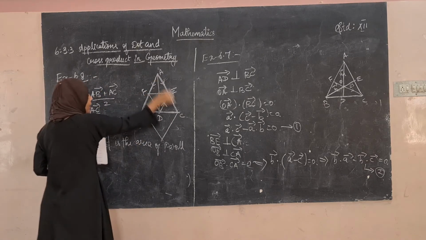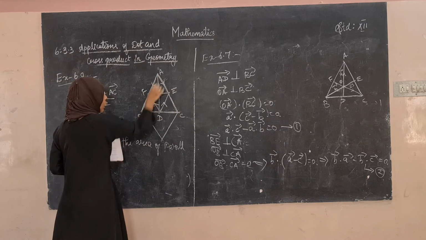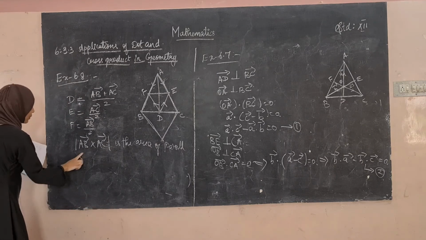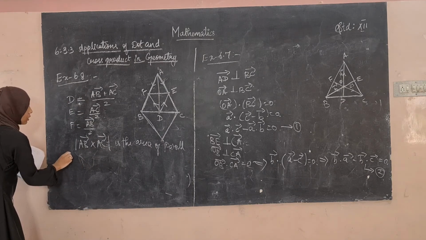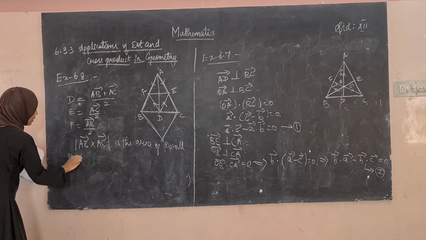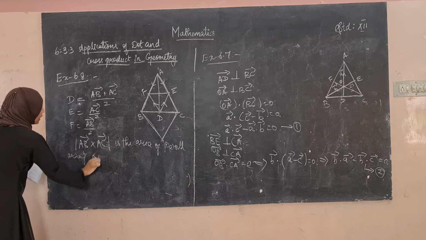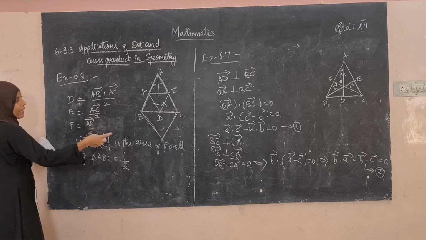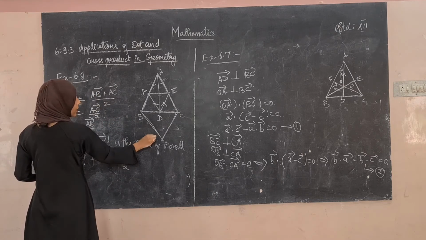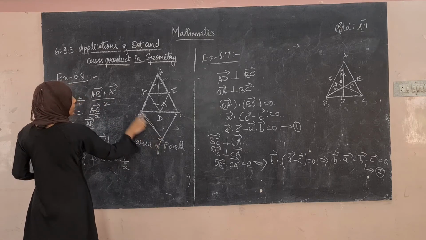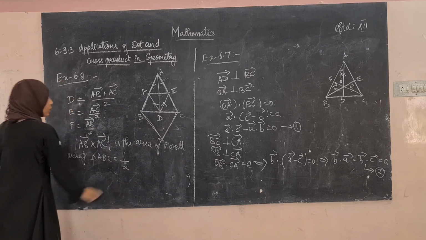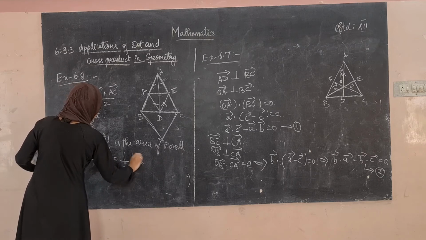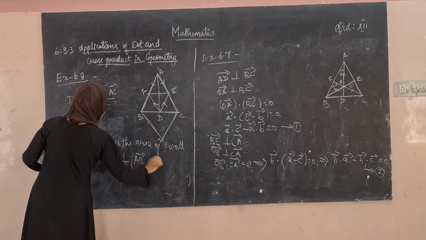In the triangle, it is half of the whole parallelogram. So we know that area of triangle ABC is equal to half of the area of the parallelogram ABMC. So the area of triangle ABC is half of modulus AB vector cross AC vector.